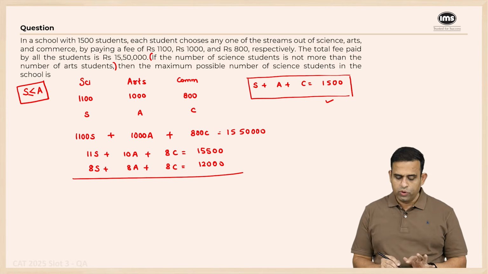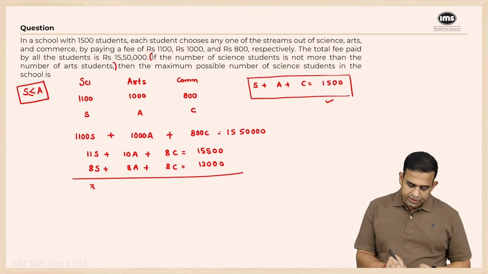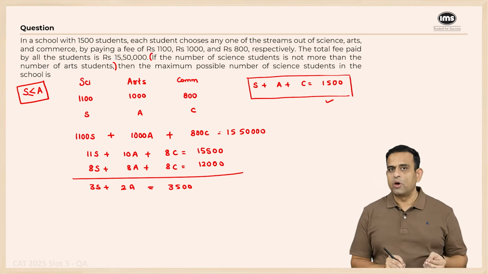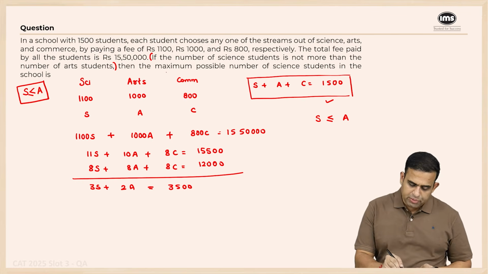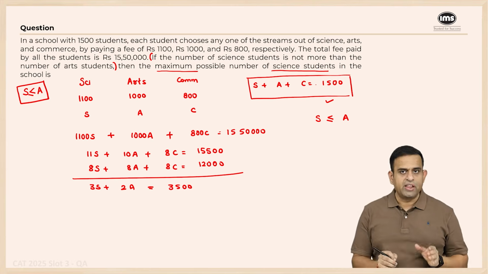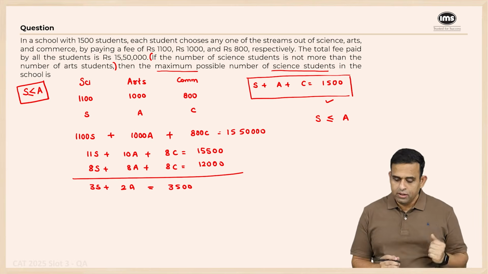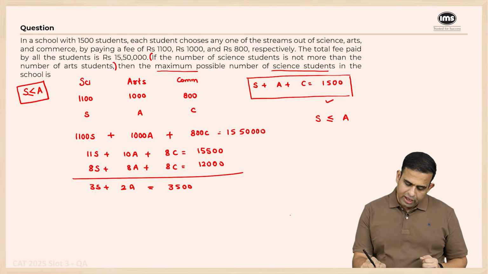Then if I do a subtraction, I will get 3S + 2A equal to 3,500. As I just told you, we have the inequality that S is less than or equal to A, and we need to find the maximum possible number of science students. So, in a conventional manner, let's multiply by 2: 2S is less than or equal to 2A.